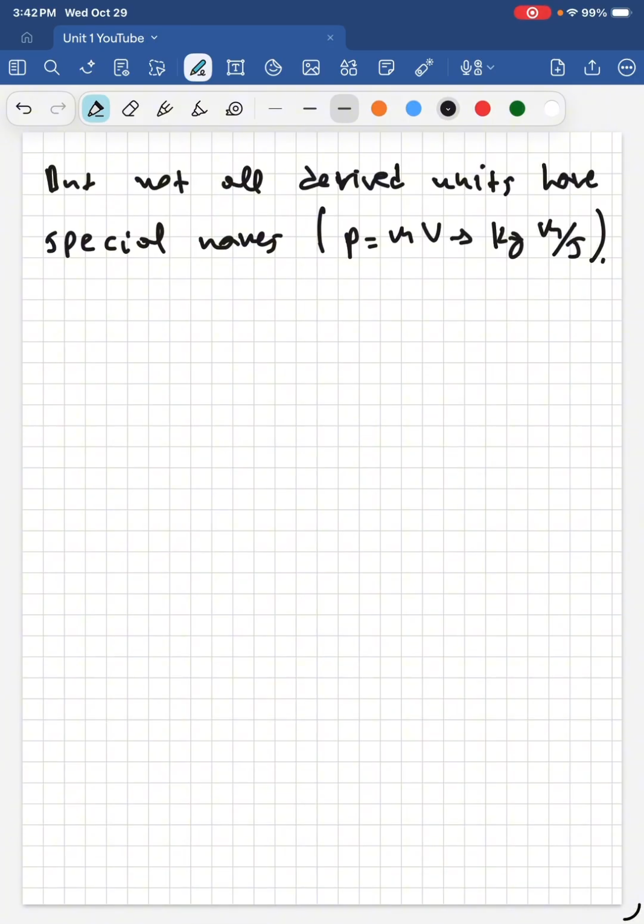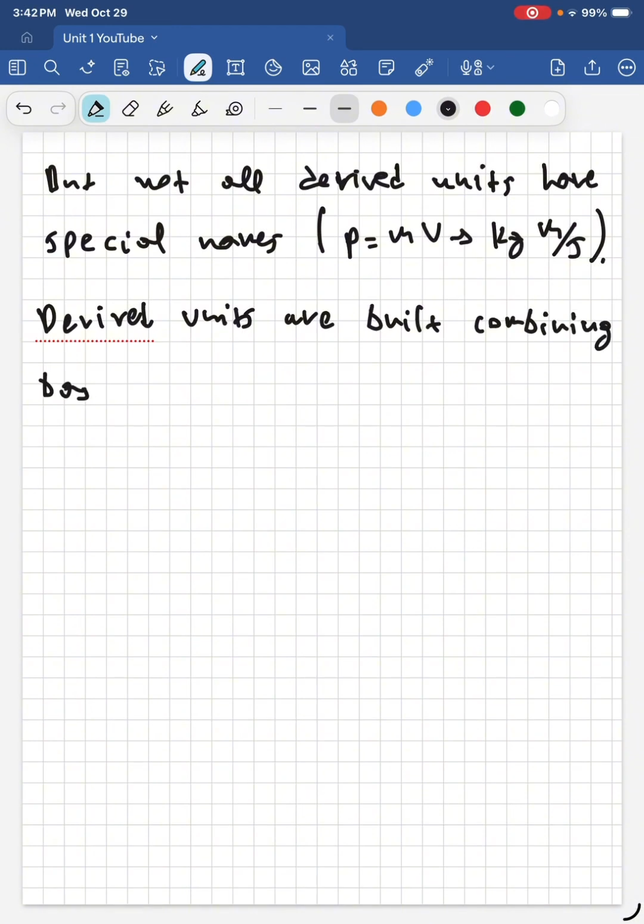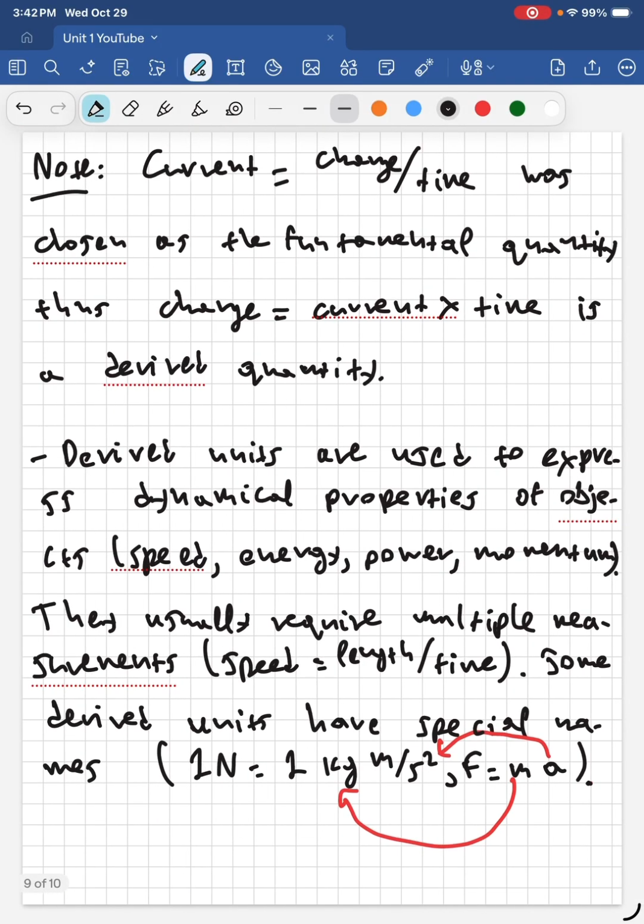So the bottom line is that derived units are built by combining base units.